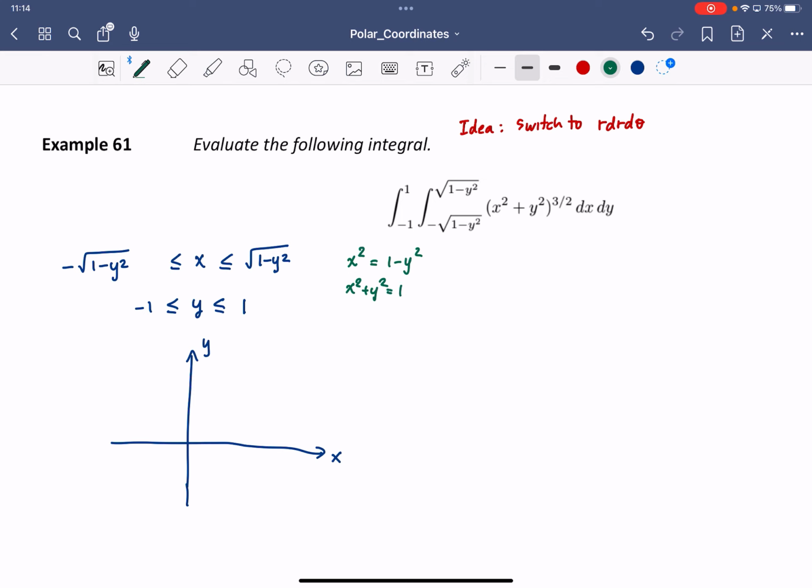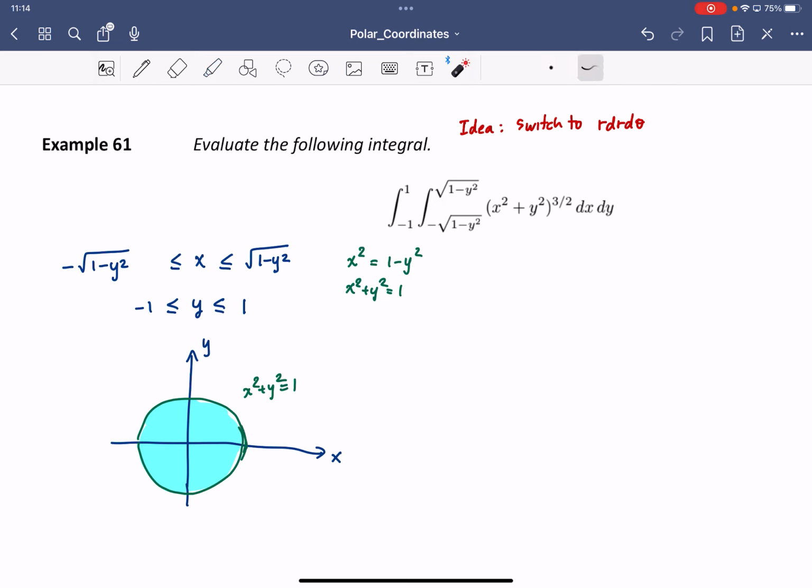This is actually a circle, so you draw the circle with radius 1, x squared plus y squared equal to 1. And it seems like all the region that you want is inside the circle.